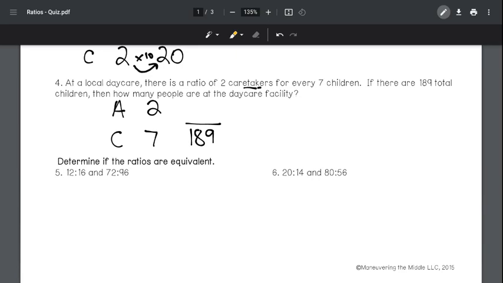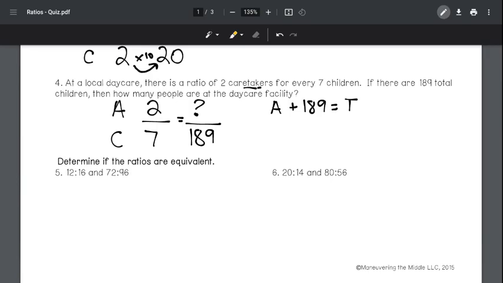Well, this problem is just a little bit different. We're going to set up our proportions and solve to figure out how many adults there would be if there were 189 kids. But then the question asked, how many people are at the daycare facility? So we'll have to take the new number of adults plus the 189 children to figure out our total.